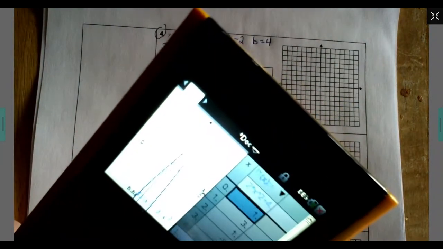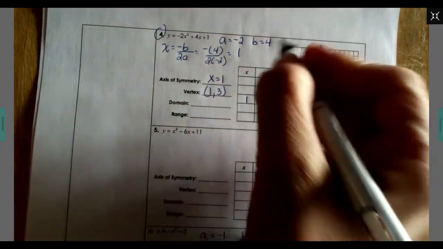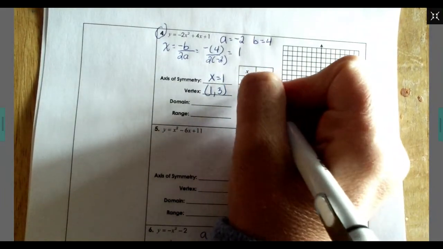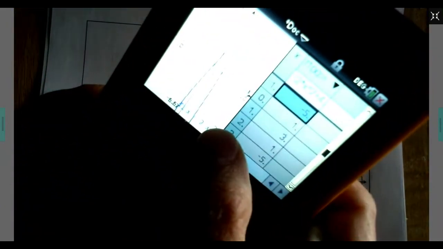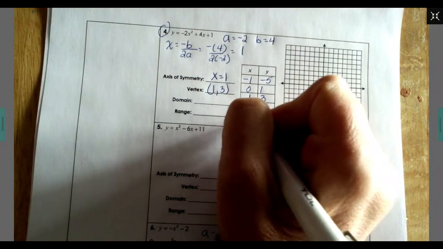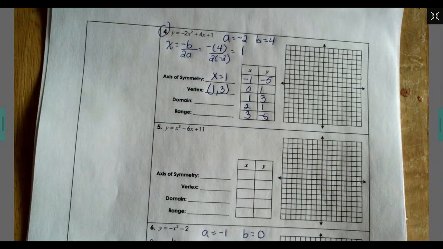Now we go 2 above. So we have -1, -5, and 0, 1. Then we go 2 below, so 2, 1, and 3, -5. So now we want to graph this.